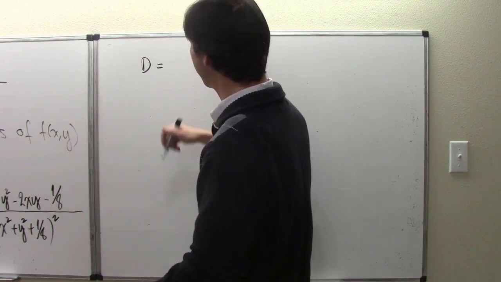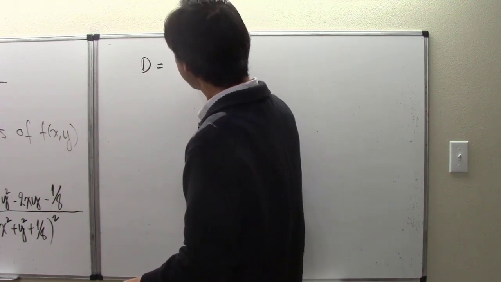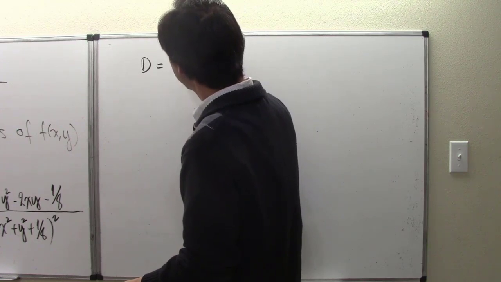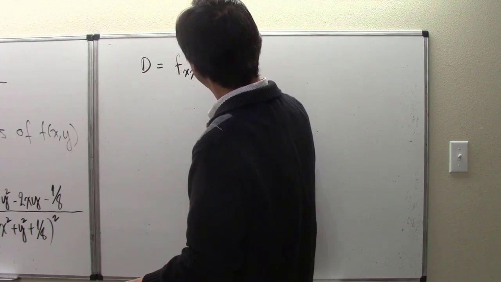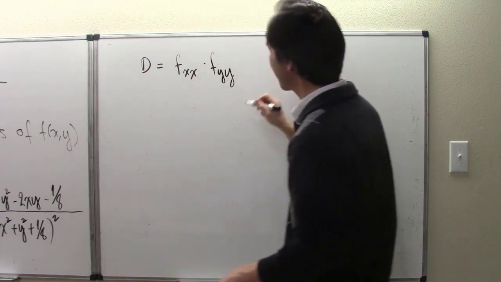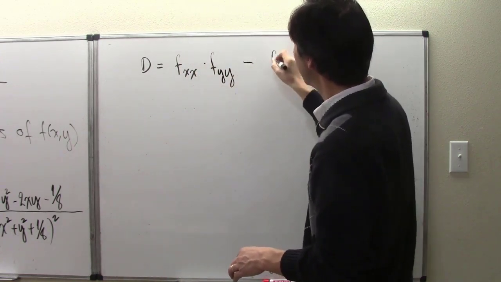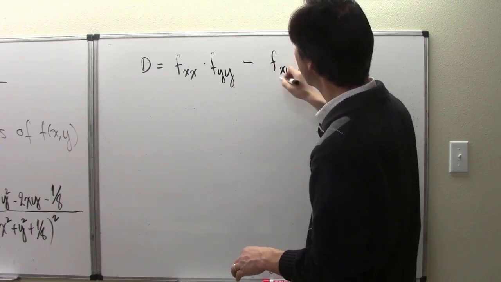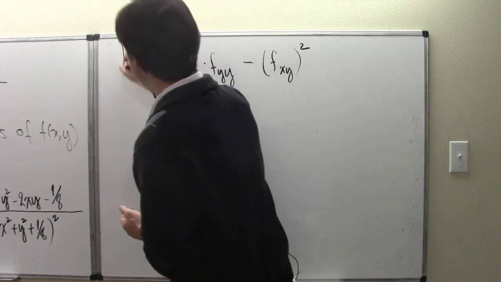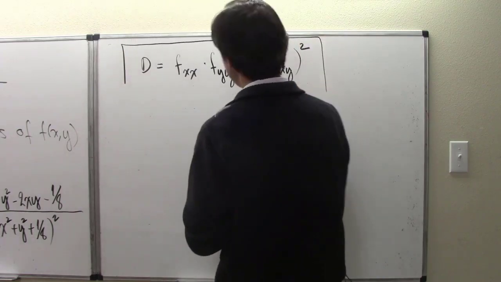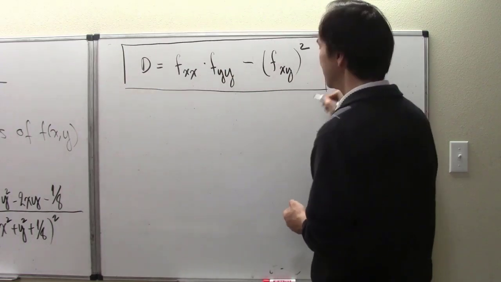So D is defined as follows: fxx times fyy minus fxy all squared. So this is the definition of that D expression.